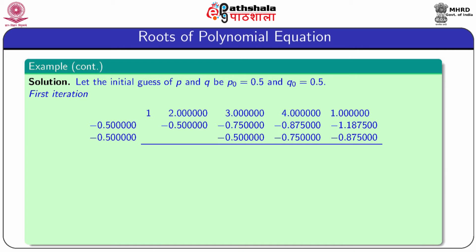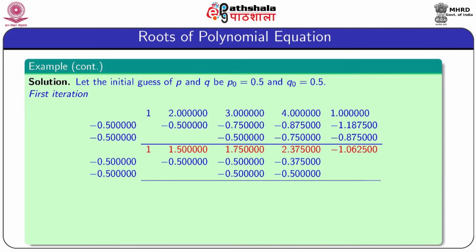In the first iteration, the first row contains the values of A's, the second row contains the values of B's multiplied by minus P0, and the third row is the values of B's multiplied by minus Q0, and the sum of the columns represents the values of B's. Similarly, we obtain the values of C's by adding the first column, second column, third column and so on.